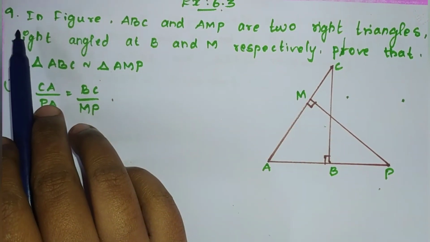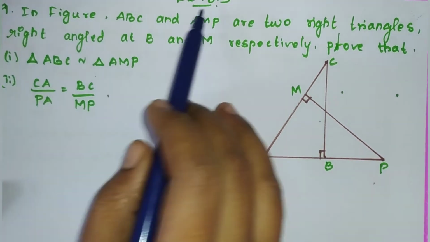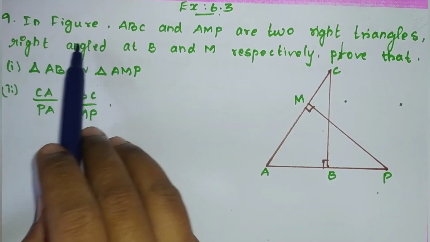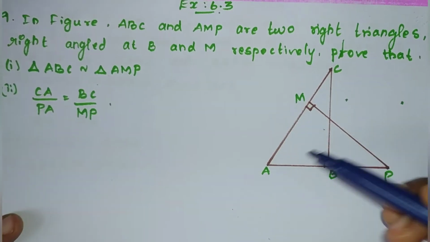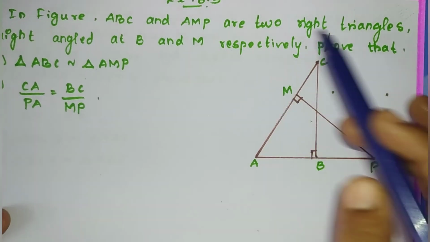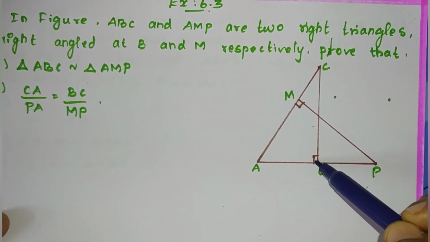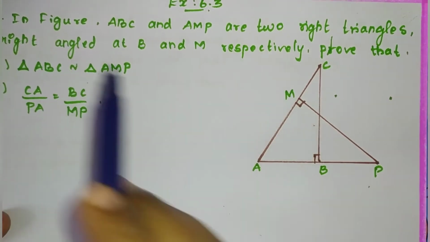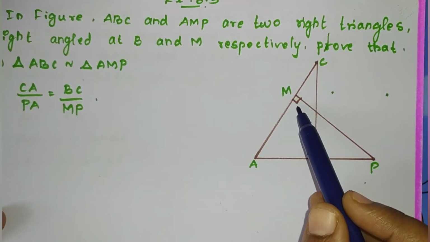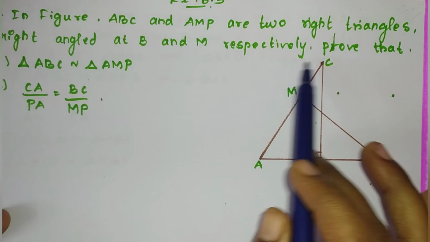Next, the ninth problem in exercise 6.3. In the figure, ABC and AMP are two right triangles, right angled at B and right angled at M respectively.